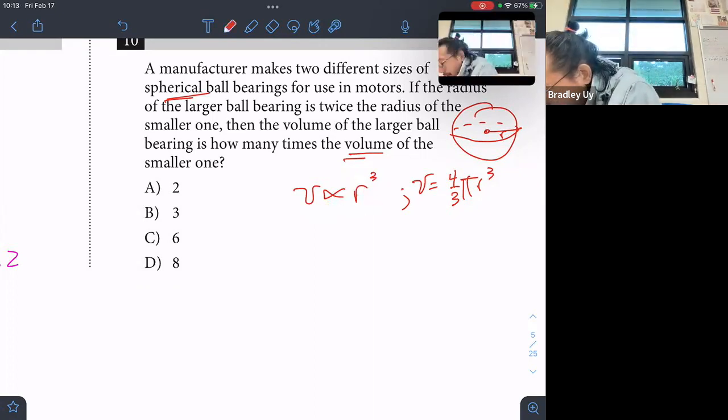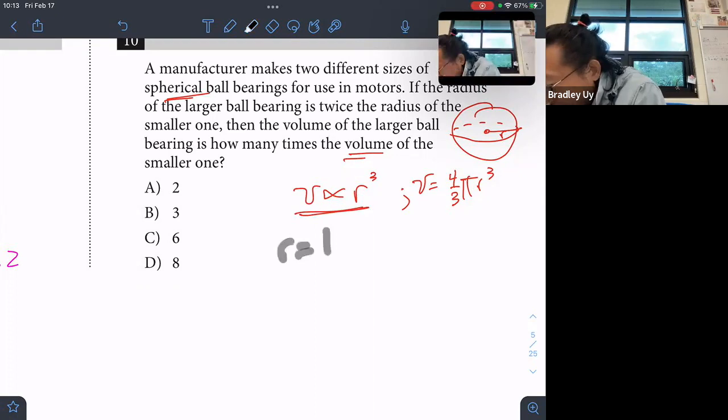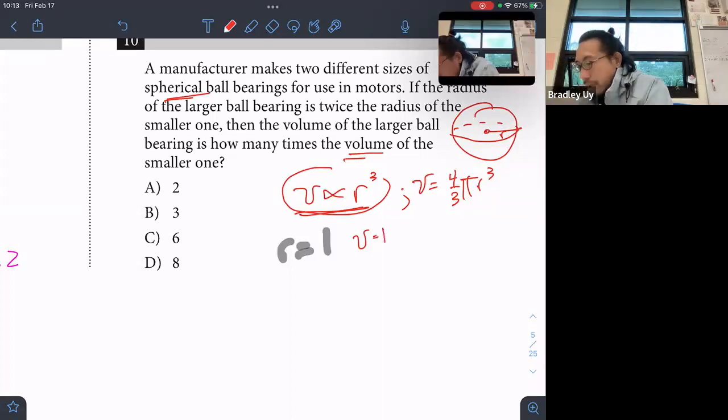So this is basically a simplified version, and the easiest way to think about this problem is consider if r is equal to 1. If the radius is equal to 1, then the volume would carry a value of 1.